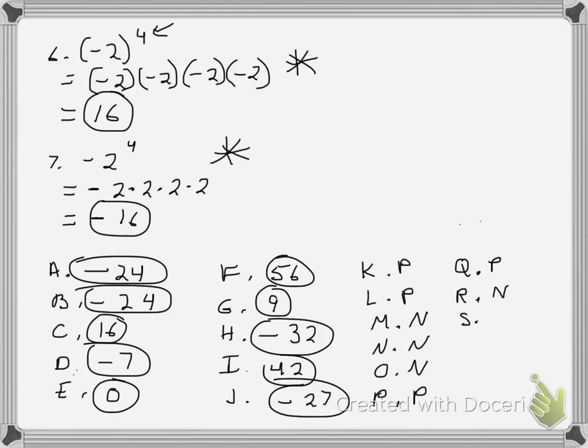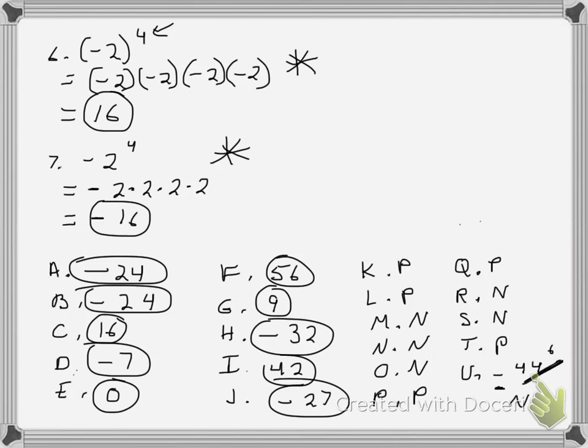S, I've got a negative number to the 19th power. That's an odd number of negatives, so it'll be negative. T, I've got a negative number to the 100th power. That's an even number of negatives. It will be positive. U, I've got negative 44 to the 6. So this will be positive, but this makes it negative.